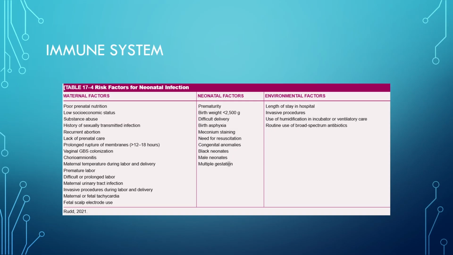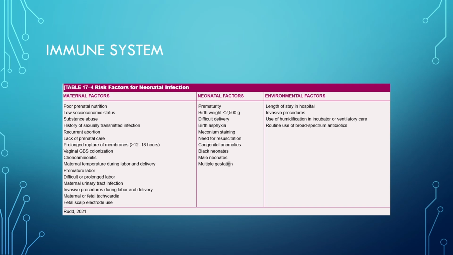This is taken directly from your book, but let's look at some of the maternal factors. Poor prenatal nutrition, low socioeconomic status, substance abuse, history of an STI, recurrent abortions, lack of prenatal care, a prolonged rupture of membranes, so their water was broken for over 12 to 18 hours. They had group B strep, GBS positive.